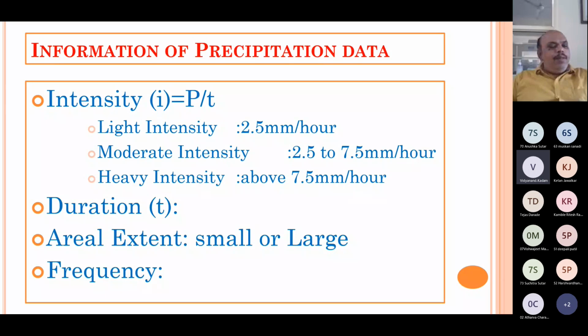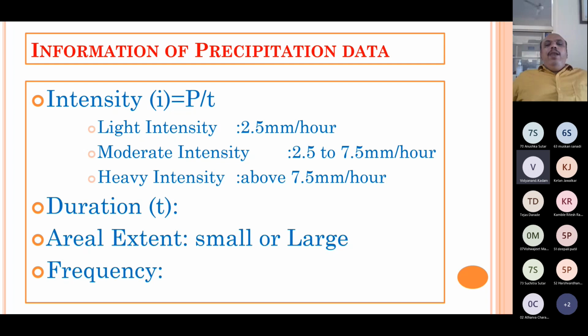Now, the next point we are going to learn is the information of precipitation data. We have discussed the intensity of precipitation I. It is P upon T, where P is the total precipitation and T is time. If the intensity of rainfall is up to 2.5 mm per hour, it is considered light intensity.